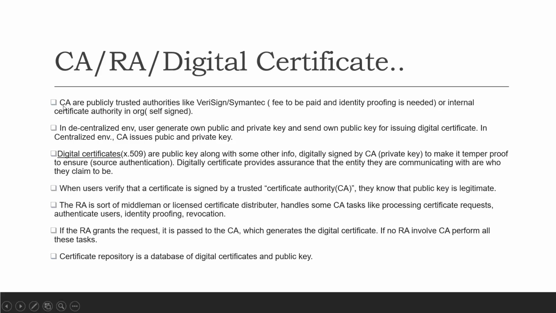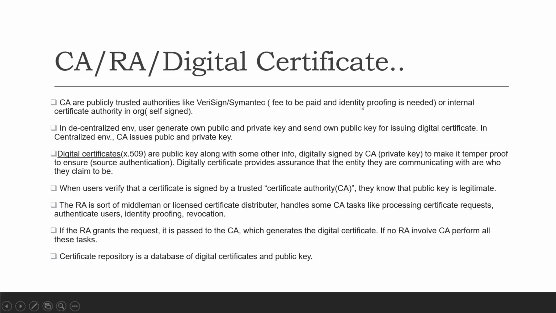They are publicly trusted authorities like VeriSign and Symantec, and fees need to be paid to them. They need to do identity proofing. CAs actually issue the digital certificate, and they charge some fees for issuing it. Before issuing the certificate, you have to give your identity proof to them.